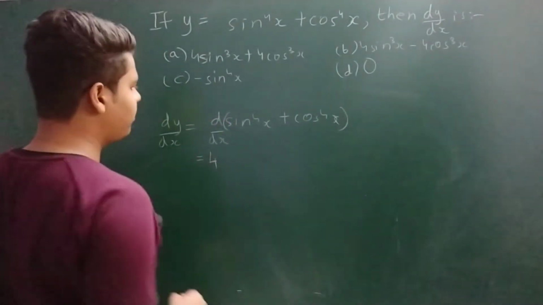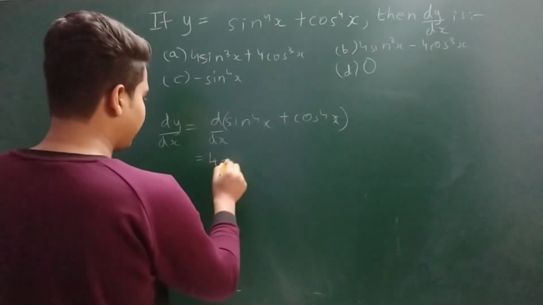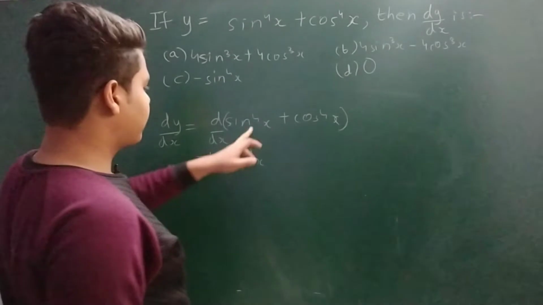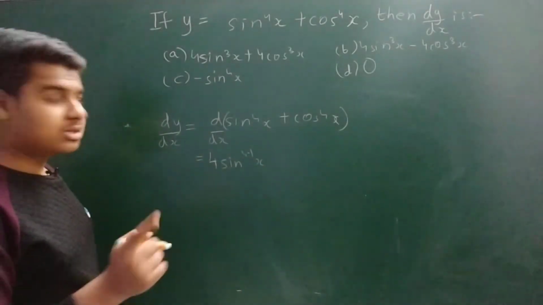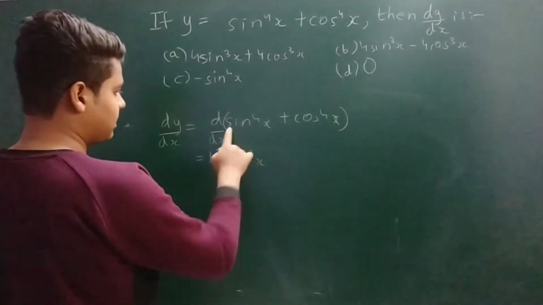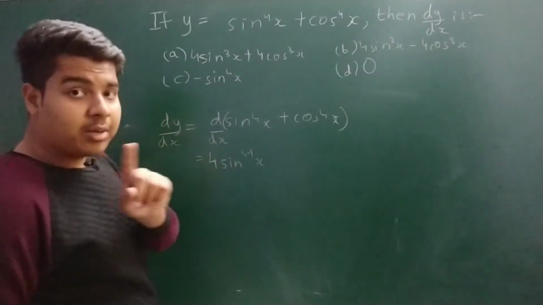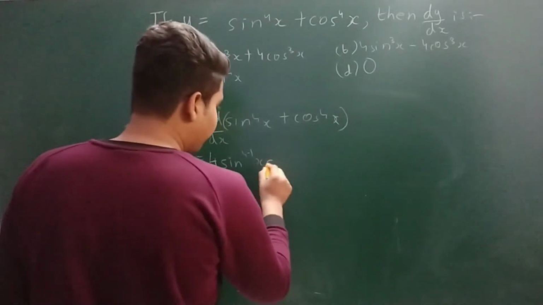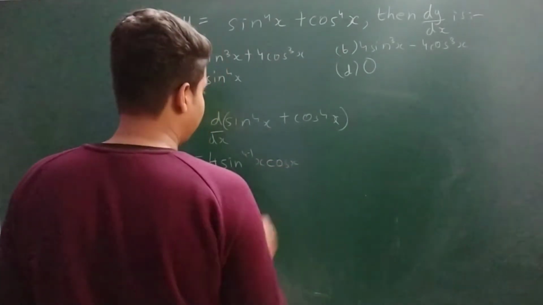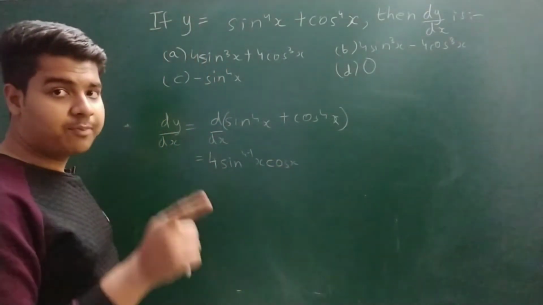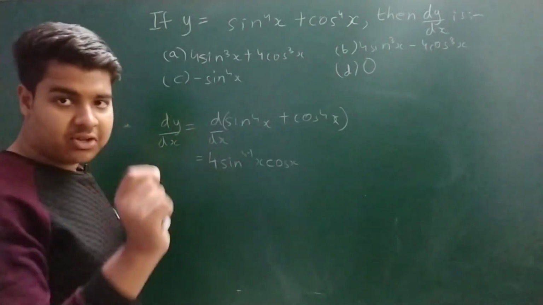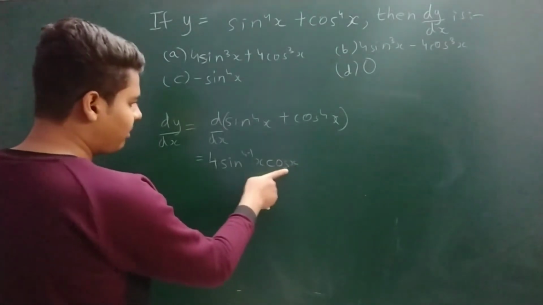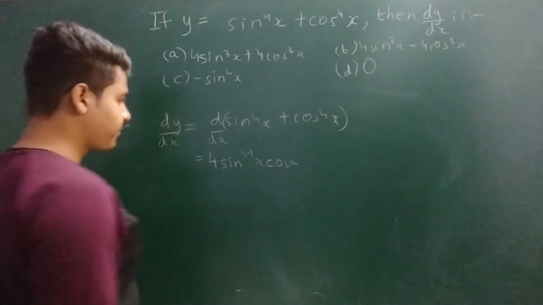So we write down 4, then sin 4 minus 1 x, because it is n x to the power n minus 1. Using this formula, I have differentiated this part. And then one thing is left, sin x should also be differentiated. So it will become cos x. It will not differentiate on the basis of power, but simple differentiation of sin x, not sin 4x. So sin x will be differentiated as cos x.